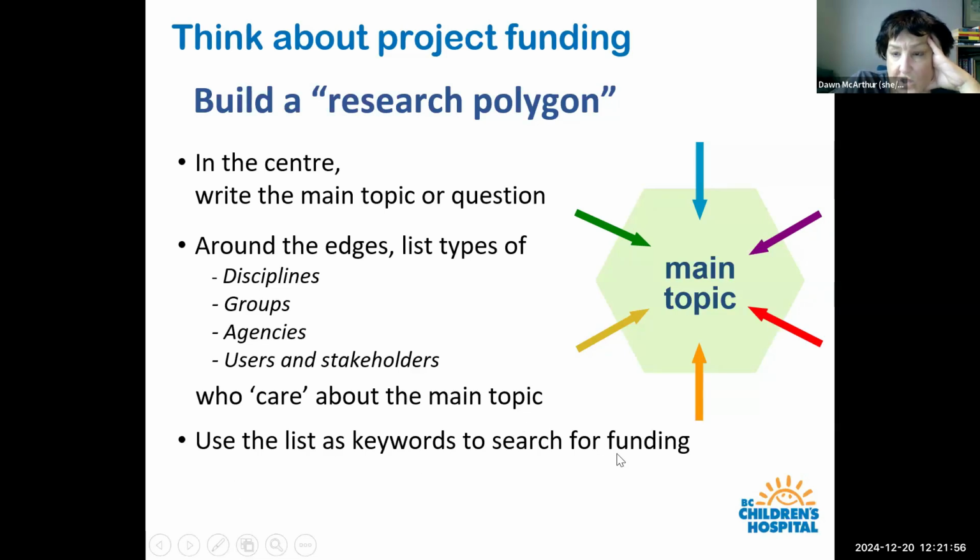So the example I usually give in training is why did the chicken cross the road? And on the outside, I put ornithologists, behaviorists, biologists, agriculture, poultry science, farming, infectious diseases and public health because of avian influenza.